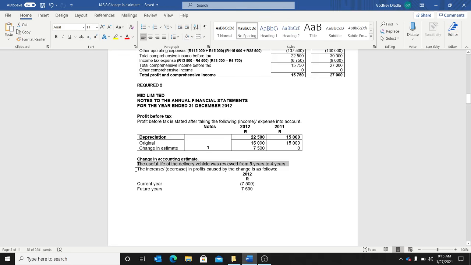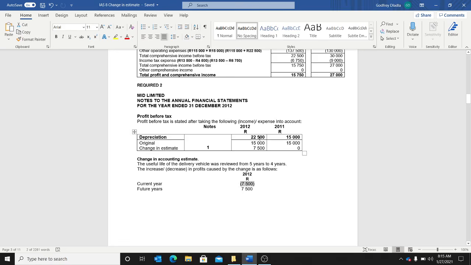It is very important that you understand this increase/decrease. They need to be there. You need to tell us what has happened this year. So you'll see it says profits will decrease. They are in a bracket here, the 7.5 will decrease in the current year, meaning in 2012. Our profits will decrease.